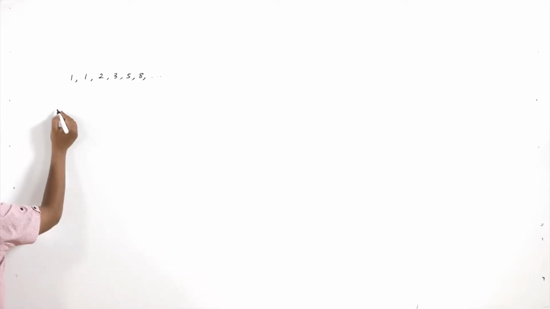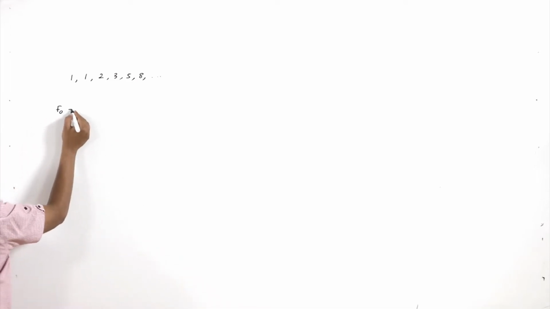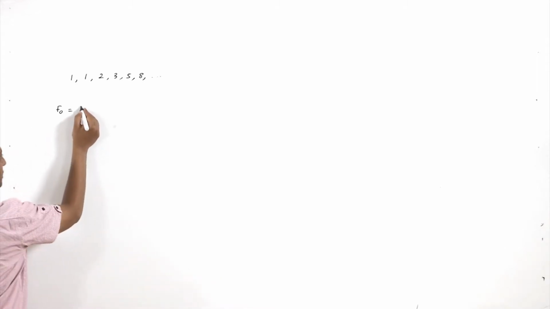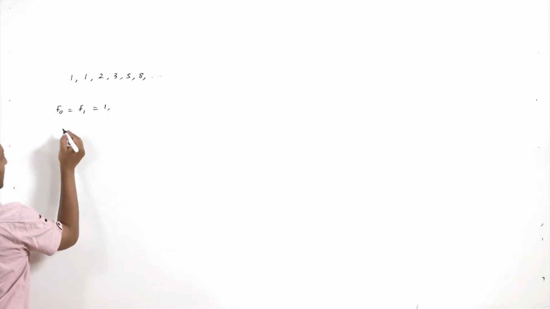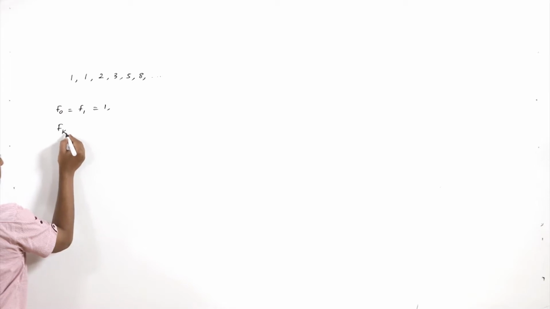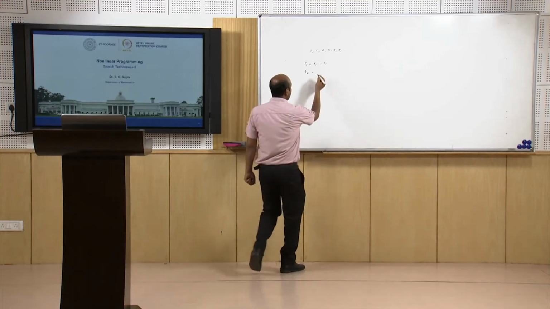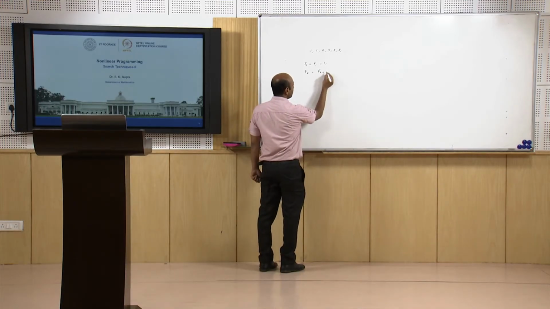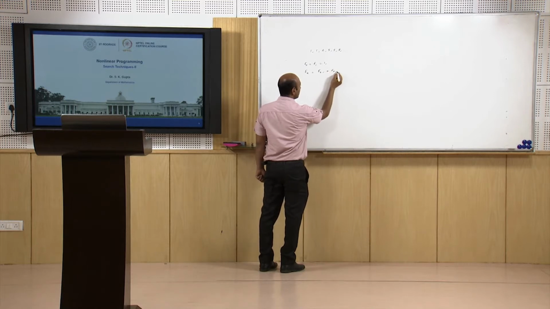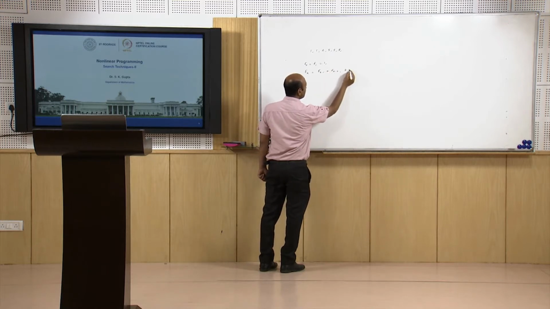That means in the Fibonacci series the first term f0 and the second term f1 are 1, and any kth term is simply the sum of the two previous terms, that is f(k-1) plus f(k-2), where k is greater than or equal to 2.